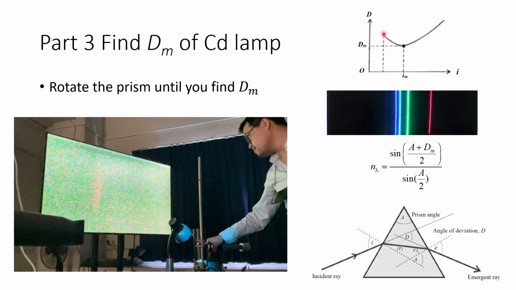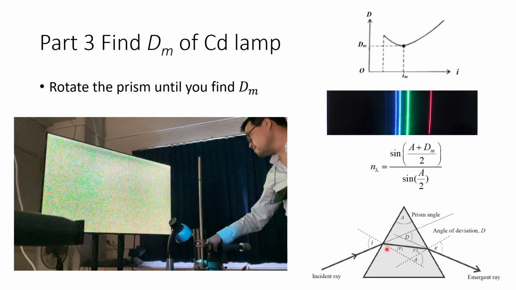So you want to find a sweet spot: as you increase the incident angle, the D, or this light, would move from left to right until it hits a sweet spot, which is the minimum, and then it goes back where it was. It would look something like this. For example, if the light comes in this way, as I twist it, it would bounce back. As that bounces back, that would be your minimum deviation angle.